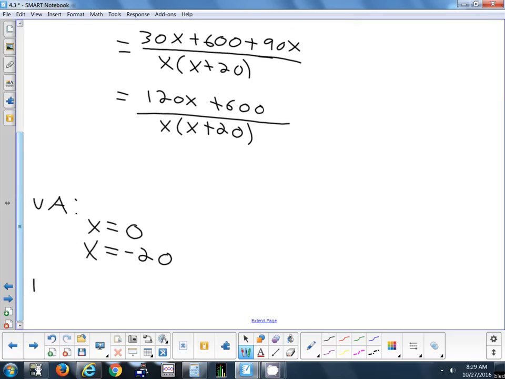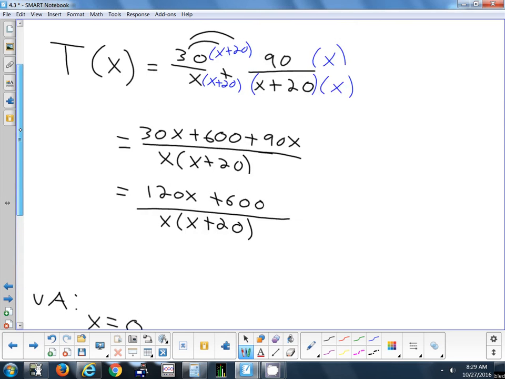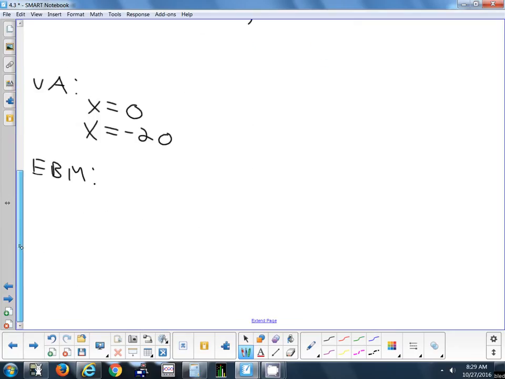Okay. What's my end behavior model? 120x over x squared. And if we reduce that, what do I get? 120 over x.